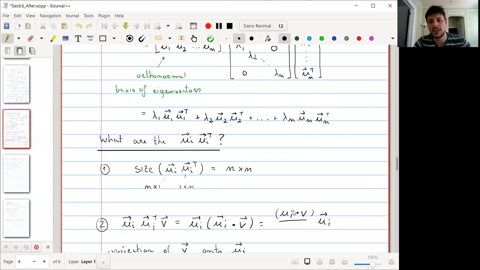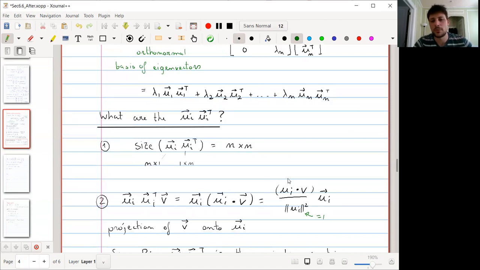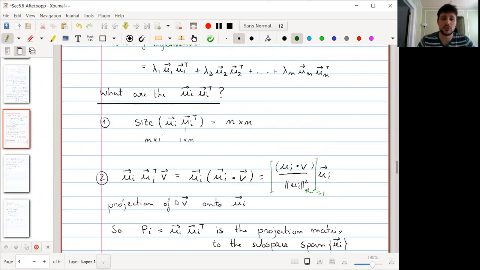I'll write ui dot v multiplied by ui, and then I can allow myself to divide by the length of ui squared, because ui is the column of an orthogonal matrix. It's an orthonormal eigenvector. In particular, this is equal to 1. But the reason why I divide by that factor is that you can probably recognize here the projection of v onto the vector ui. That's what ui ui transpose does as a matrix with matrix multiplication.